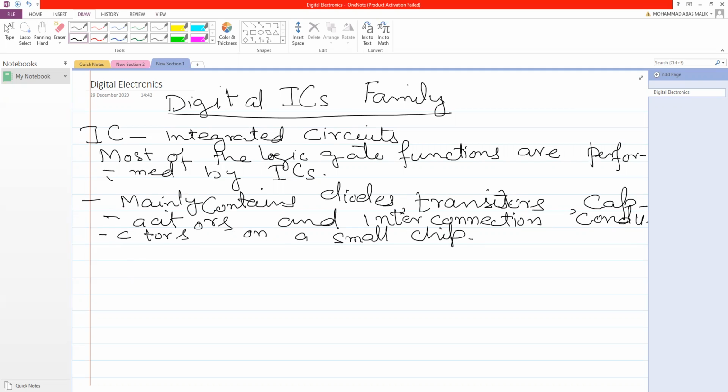another device. ICs cannot handle large current or voltage because the heat generated in a small space would cause temperatures to rise beyond acceptable limits. So, this point I will note down.